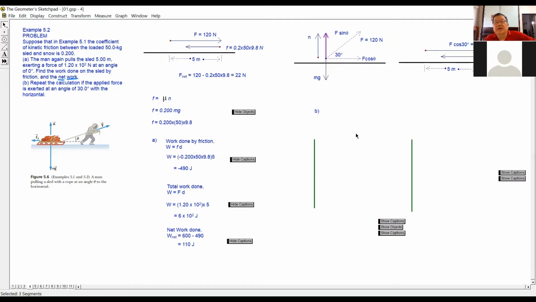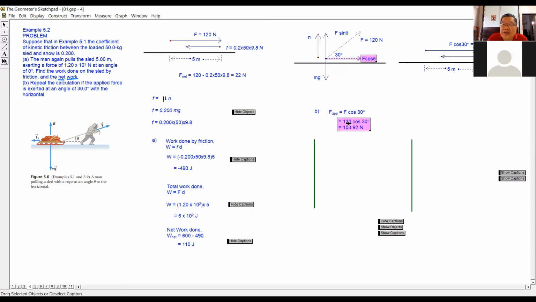Okay, so we look at the first significance. The first significance is the applied force, this one, the horizontal component. So I try to calculate the applied force, the force that is going to move the object. Now, because the angle is adjacent, we use cos theta. So F cos theta is the one that we want to find out because it is the applied force.